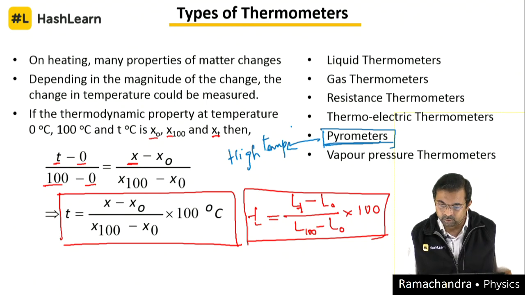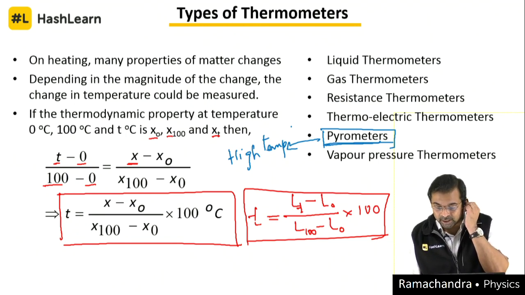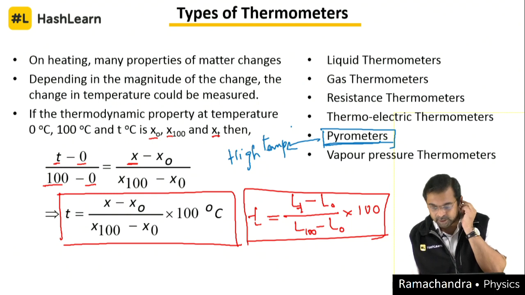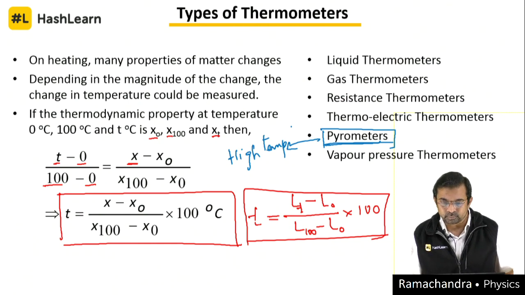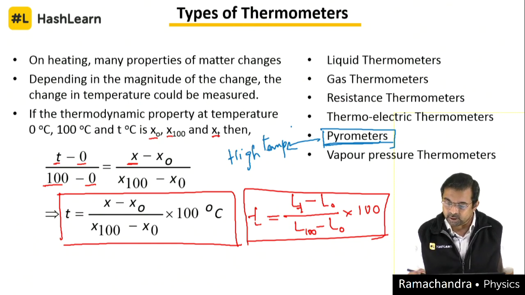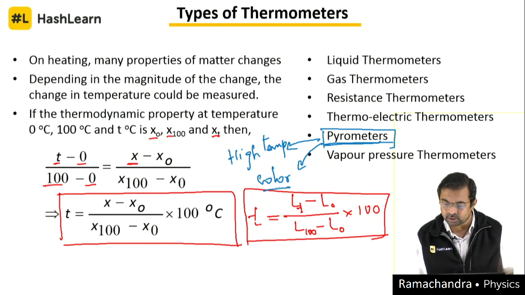Yes, the mercury thermometer comes under liquid thermometers, no problem at all. So high temperature like in a steel plant, the molten steel or some other high temperature objects can be measured using pyrometers, because with increasing temperature the bodies change color.